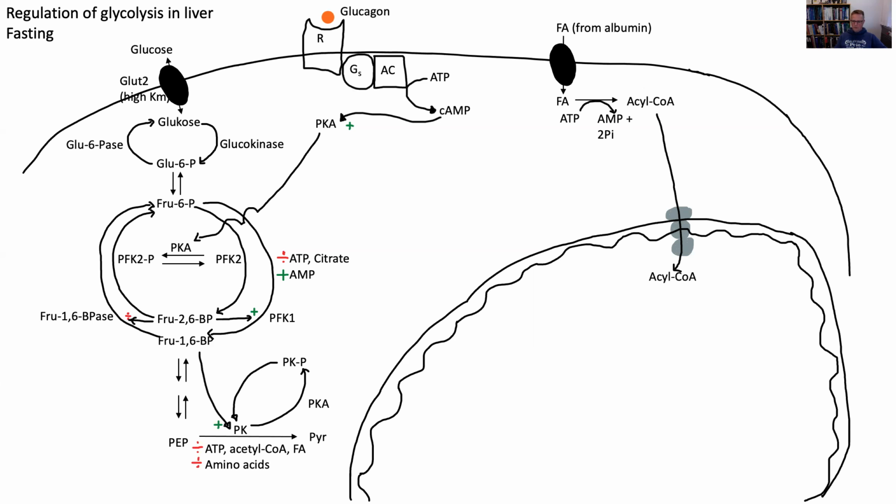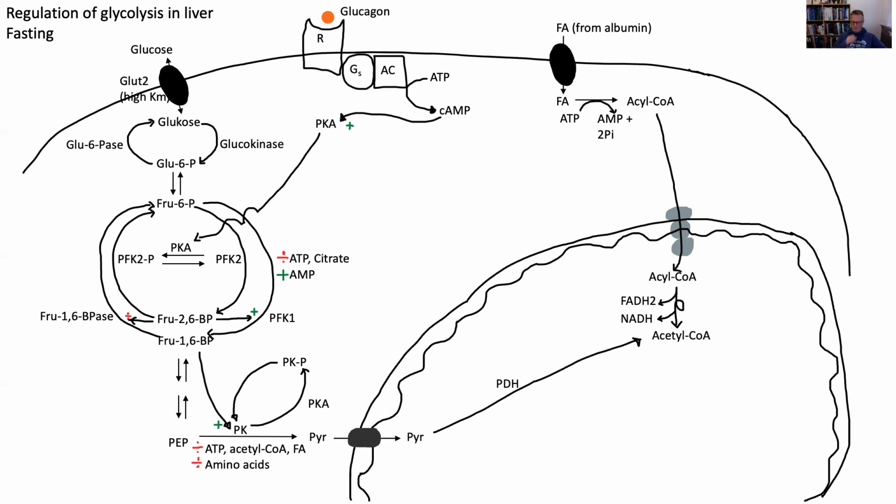The acyl-CoAs will enter the mitochondria by the CPT system or the carnitine shuttle system, and also in liver cells enter beta oxidation, where the fatty acids will be converted to acetyl-CoA under the production of FADH2 and NADH.